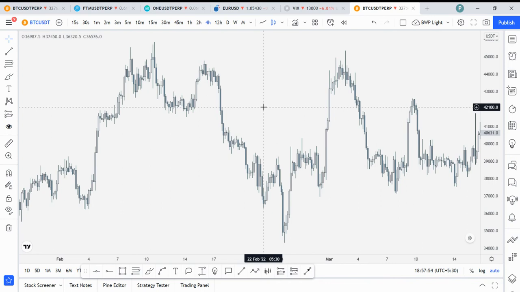Some simply trade the market. They have huge funds to trade the market. So these are the ones that might sometimes want to hunt your stop loss.